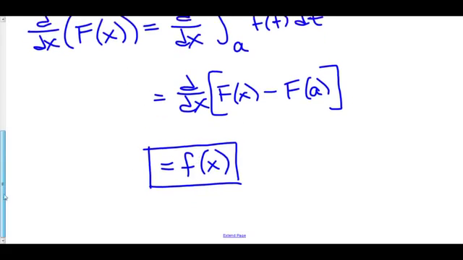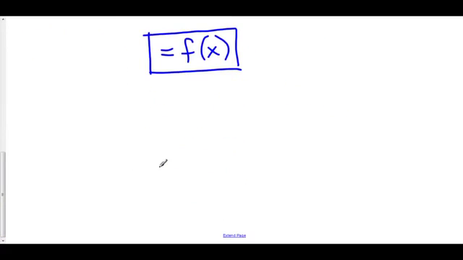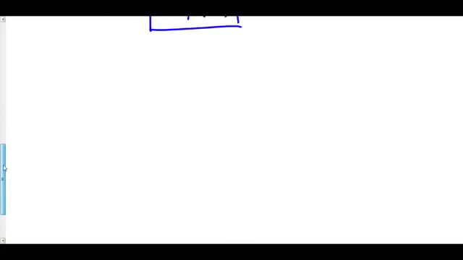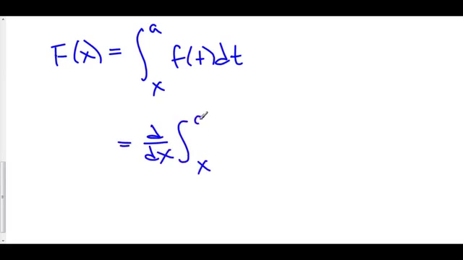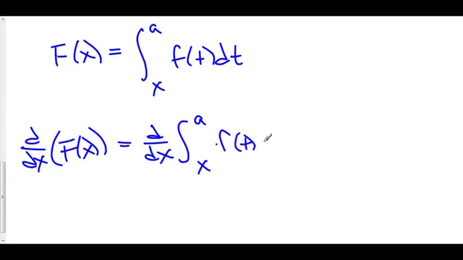And so, what we've noticed here is that the derivative of big F of x is equal to little f of x. Now, what happens when you flip your limits of integration? What would happen if you were taking big F of x equal to the integral from x to a of f of t dt? Well, then the derivative of this would be the derivative of the integral from x to a of f of t dt.